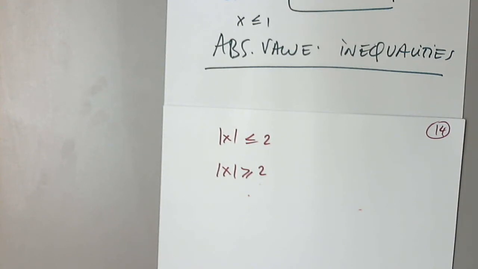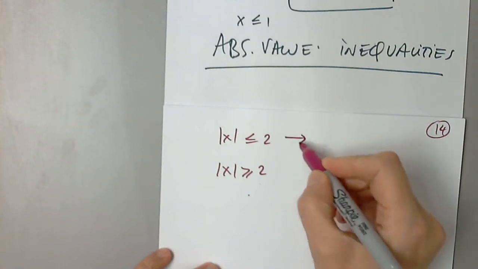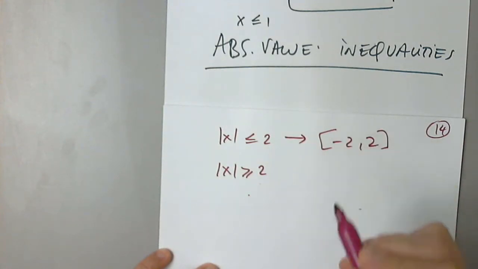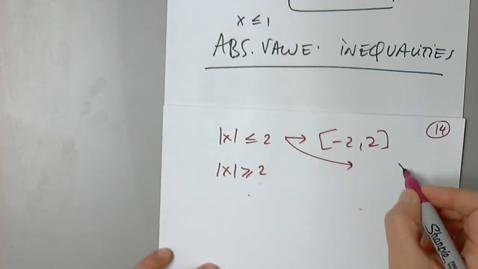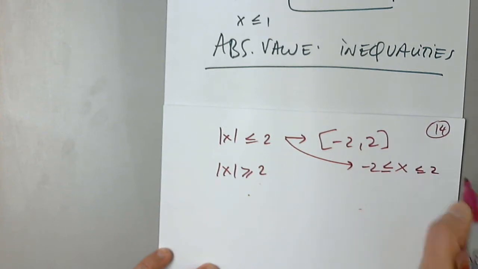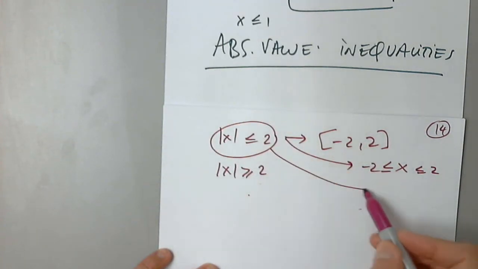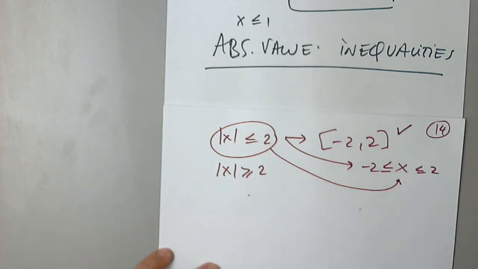So that's why the first inequality has this answer. Basically, this inequality with absolute value changes into this, and it has this solution.